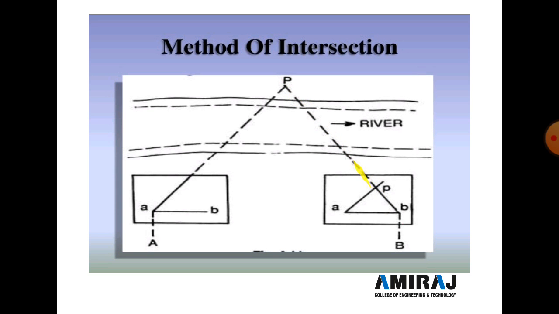When the two lines, ap and bp, intersect at some point, this point is called the intersection point, small p. Clear? So the distance from the AB line to P is found. The AB line and the P line on the ground are exactly drawn on the paper. Clear? So this is the intersection method.